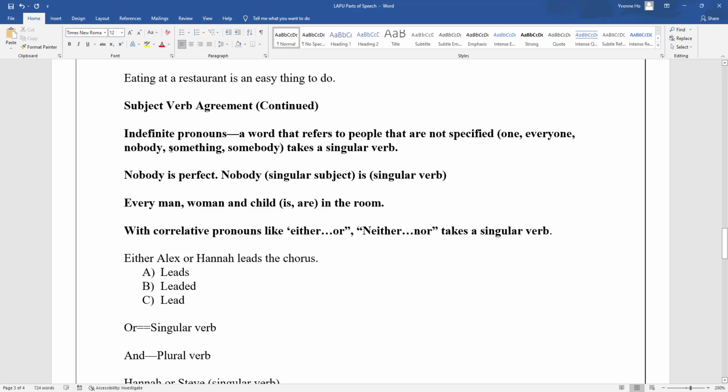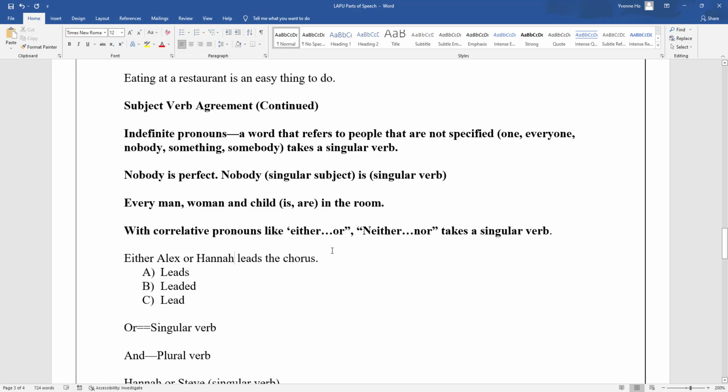When you have indefinite pronouns, like nobody, somebody, everybody, anybody, it always takes a singular verb. When you have correlative conjunctions, like either/or and neither/nor, then you agree with the second subject.